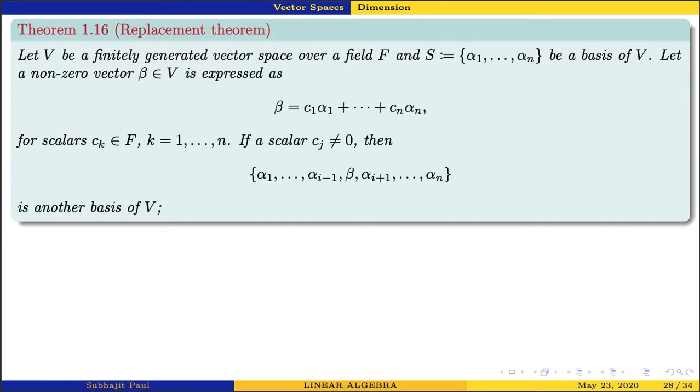If a scalar Cj is not 0, then alpha 1 to alpha j minus 1, beta, alpha j plus 1 to alpha n is another basis of V. That is, beta can replace the vector alpha j in the basis S.